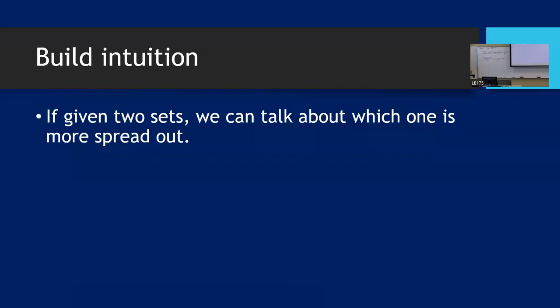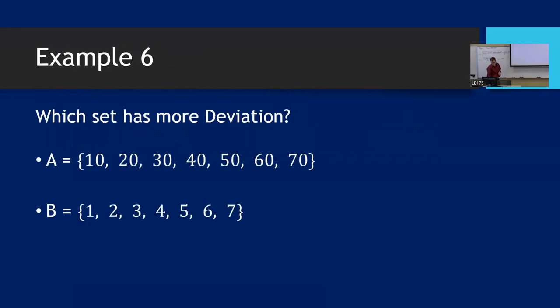The other thing that I want you to do is build a little bit of intuition about how spread out a set is. So if you look at these two sets, A and B, A goes from 10 to 20 to 30 to 40 to 50 to 60 to 70. And then B goes 1, 2, 3, 4, 5, and 6. Which one is more spread out?